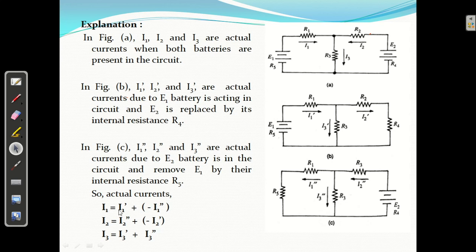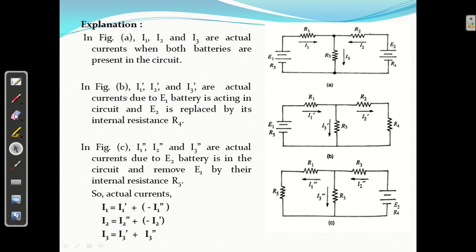Clear? So we will find I1, I2, I3. Now I3 equals I3 dash plus I3 double dash, since the direction of I3 double dash is also the same here, plus, no minus sign. Okay, so this is the explanation of this theorem.